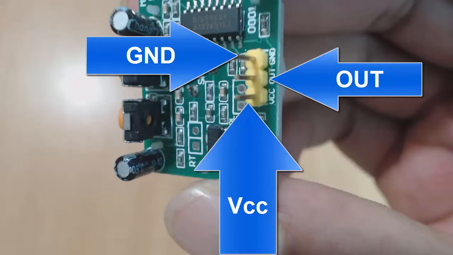We will connect this VCC pin to the 5V pin on the discovery board, and we will connect this ground pin on the sensor to the ground pin on the discovery board. Hence, we will give power to this module through the discovery board. Now next is the out pin. This out pin actually gives you an output voltage of either 3.3V or 0V.